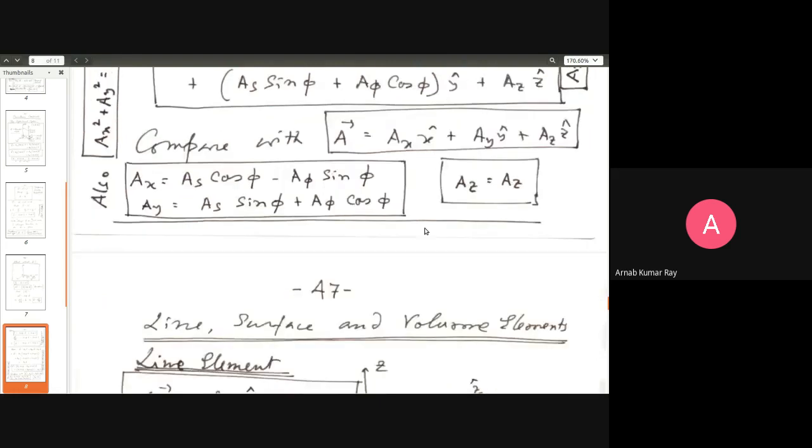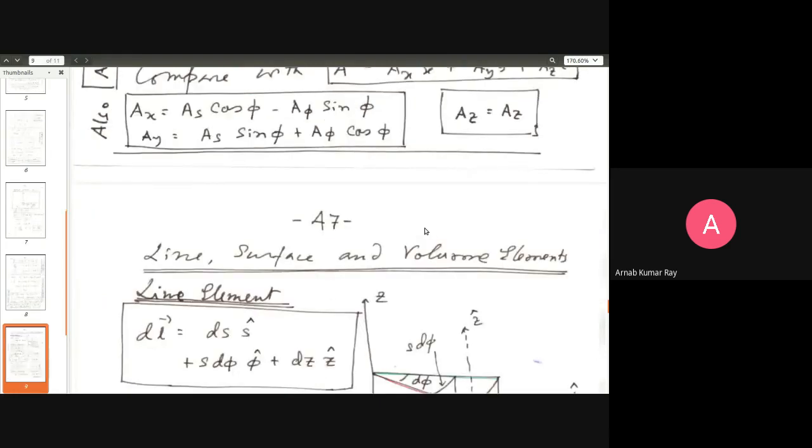But now I'm going to some important issues, which is about the line, surface, and volume elements in the cylindrical coordinate system.